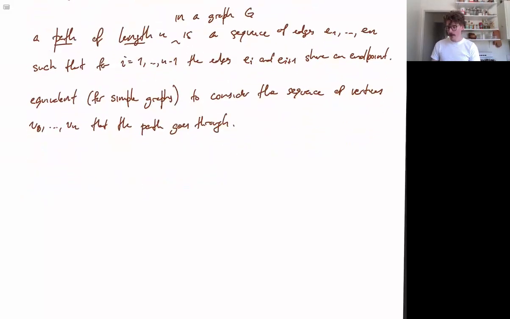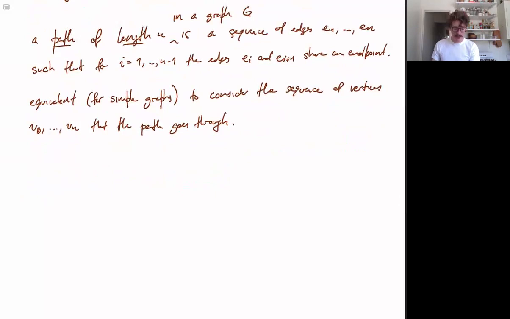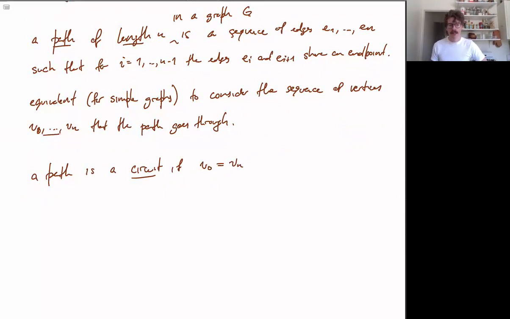And before we give some examples, a couple more pieces of terminology. A path is a circuit if the beginning vertex is the same as the ending vertex. So if it starts and ends at the same point, which is hopefully what the name sounds like.